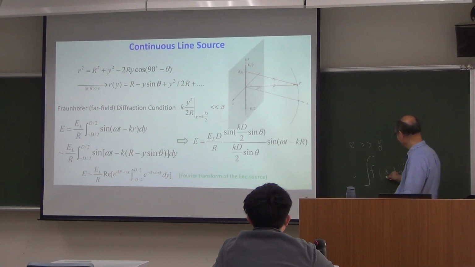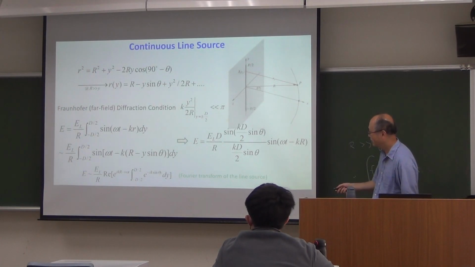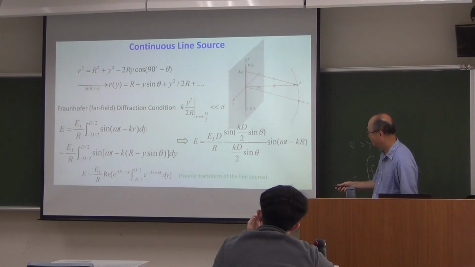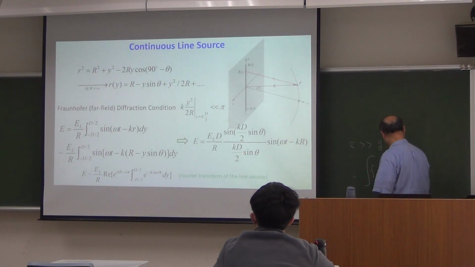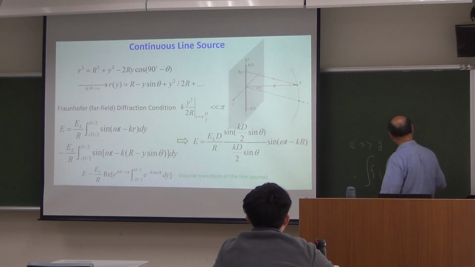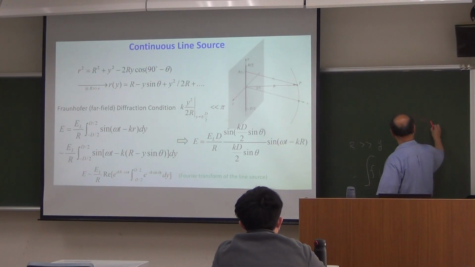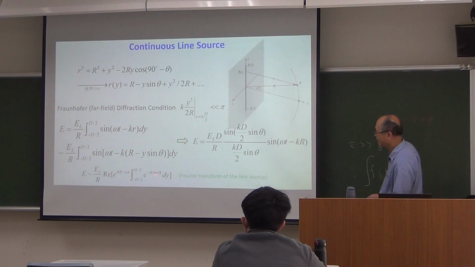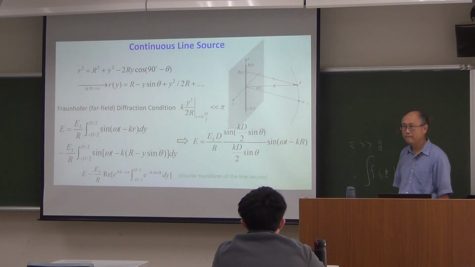Okay. Let's change this t to space. Just change it to y. So in this expression, omega changes to k sine theta, or here k sine theta. And this t changes to y. That's it.